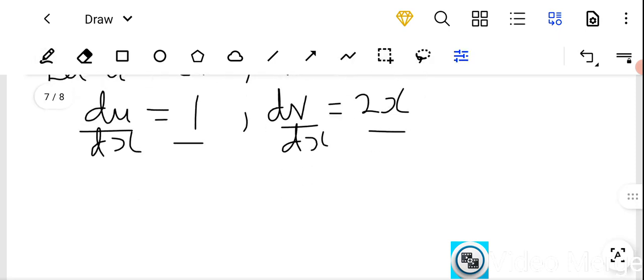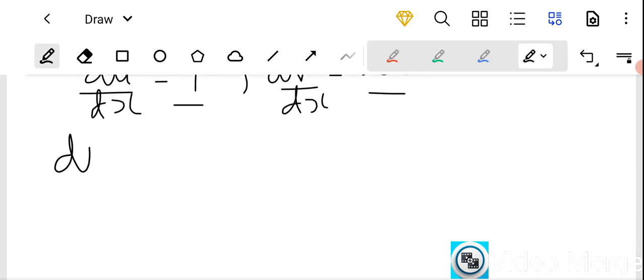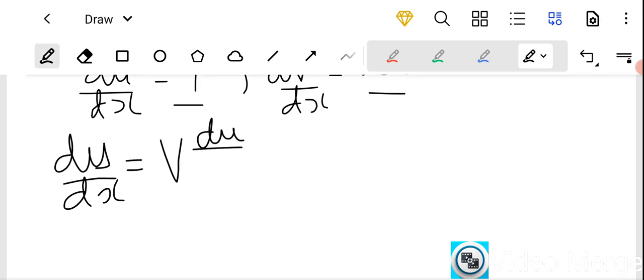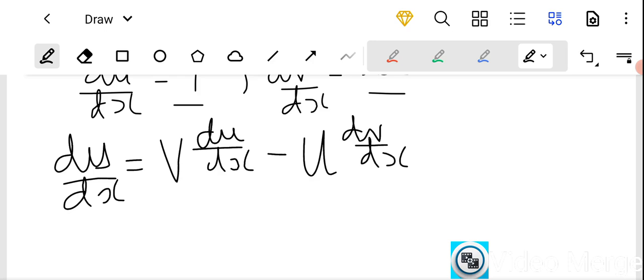Then we remember the quotient rule, which is dy dx is equal to v du dx minus u dv dx, everything divided by v squared.